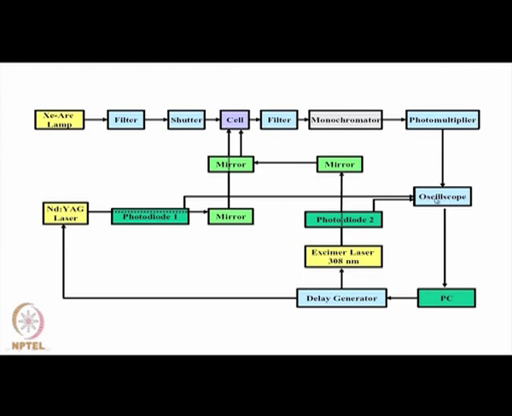Turn on the oscilloscope means that at that time the oscilloscope will accept the signal from your photomultiplier, because the photomultiplier is already on, okay. The moment laser light falls on, a portion of that light triggers the photodiode to trigger the oscilloscope, so that the oscilloscope gets the signal, and then this signal is fed to the PC for generating a decay pattern like this.